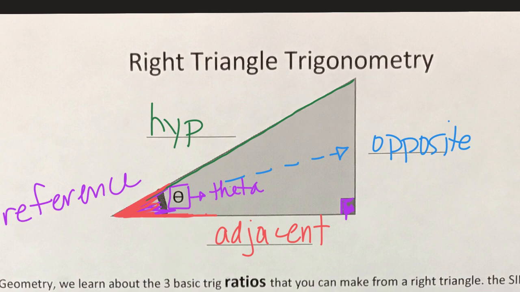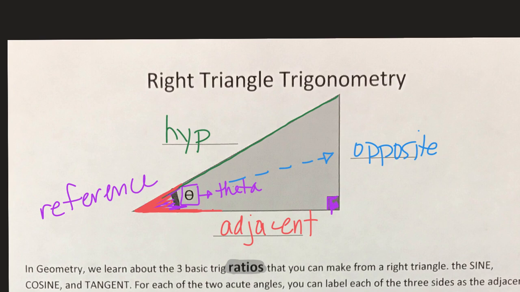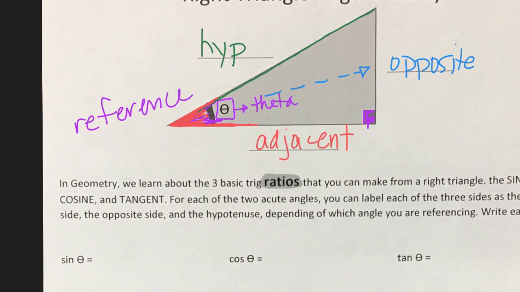Being able to identify the sides of your right triangle is the start of getting our trig ratios correct, because these are all ratios. A ratio is simply a comparison of two things. So we're going to compare two specific sides of our triangle for each of these three trig ratios: sine, cosine, and tangent. Even though the letters are S-I-N, this is not church.